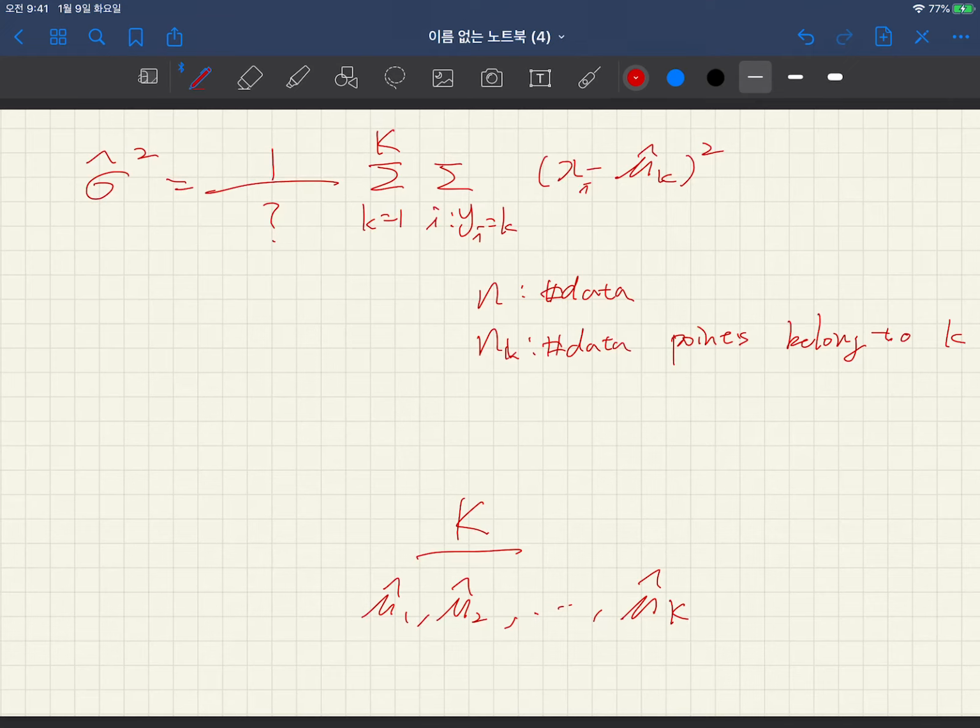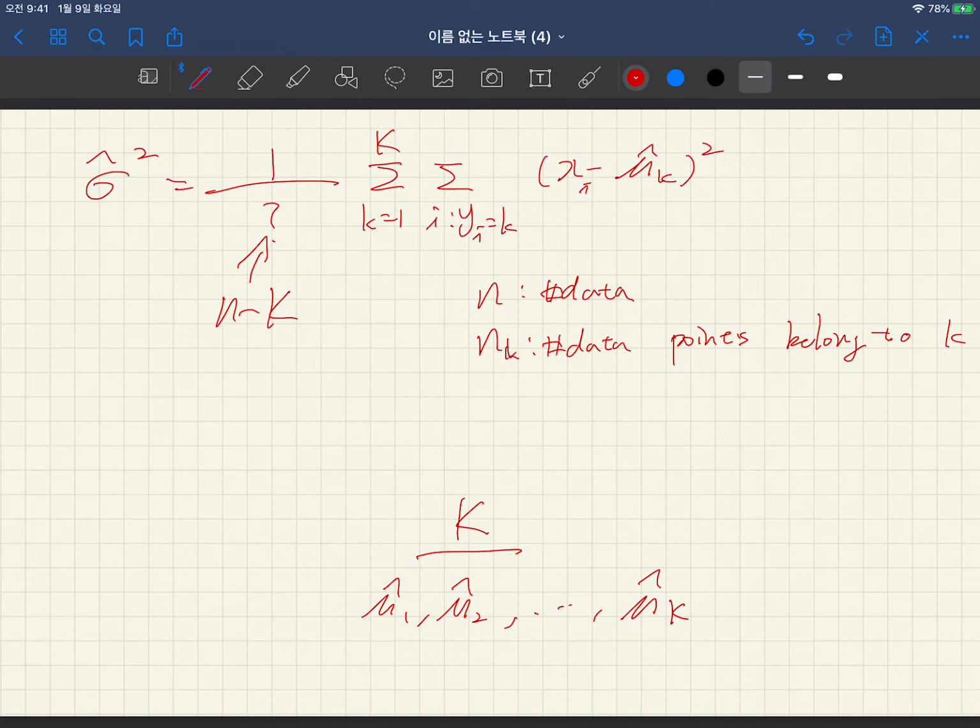So essentially, we train K different parameters, which means when you remove one data point for each cluster, still we can recover the same value from the knowledge of mu hat 1 to mu hat capital K. So the degree of freedom will be n minus capital K, and you have to divide by n minus capital K rather than n.